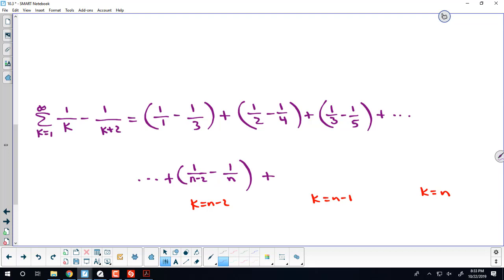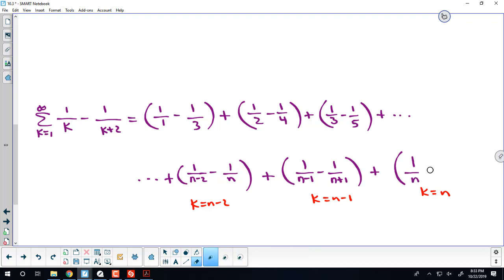When k is n minus 1, we have 1 over n minus 1 minus 1 over n plus 1. And when k is n, 1 over n minus 1 over n plus 2.